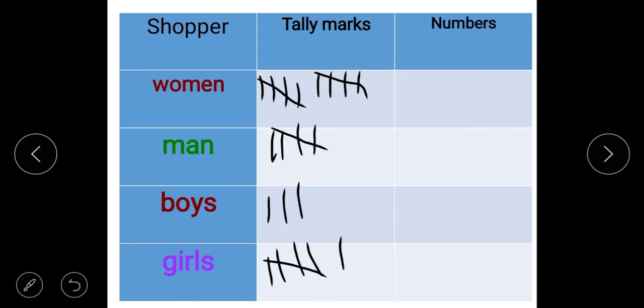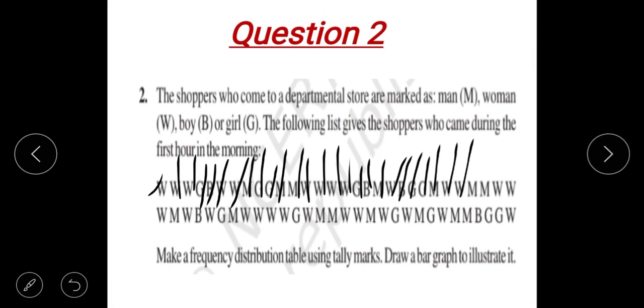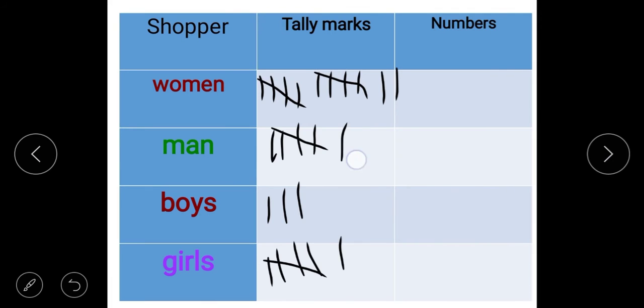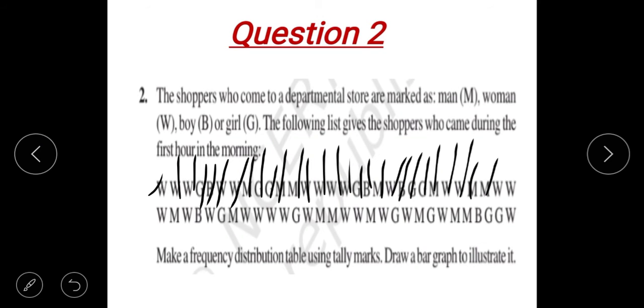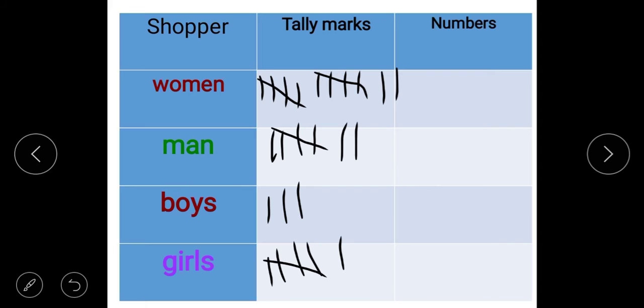So count it, 1 2, 2 M's are here, 1 and 2, then 1 2 3, 1 2, and this is 3.